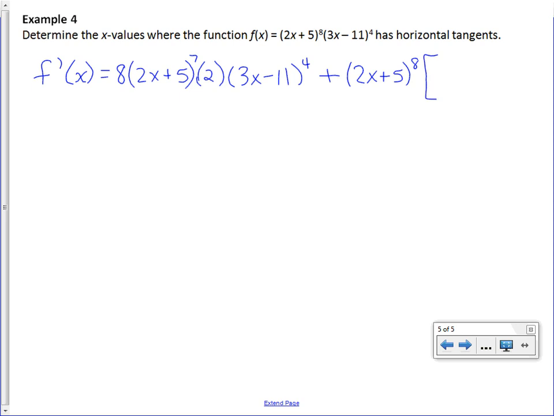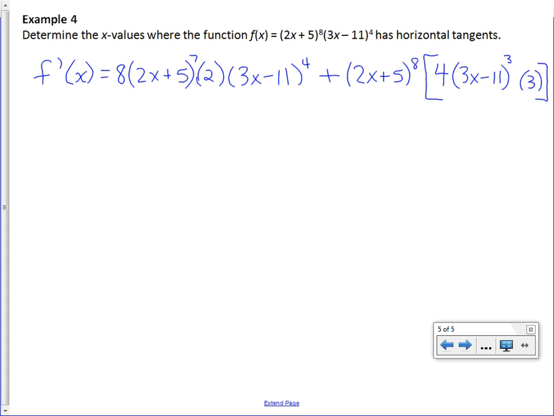Remember from yesterday, guys? It's an open square bracket. And what number goes in? 4, bracket, copy, 3x minus 11 to the, am I done? No. Times derivative inside, derivative of 3x minus 11 is, there it is, guys. That is the derivative. Wow. Okay.